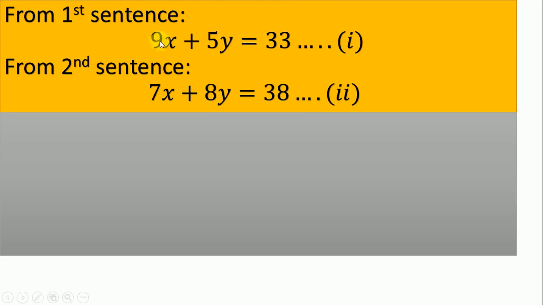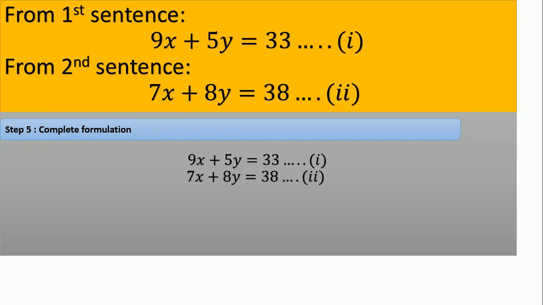That's why we have 9x plus 5y is equal to 33, equation 1. From the second sentence, 7 pens, which is 7x, plus 8 pencils, 8 times y, 8y is equal to 38, equation 2. So we write out the complete formulation, which is 9x plus 5y equals 33, equation 1, and 7x plus 8y equals 38, equation 2.